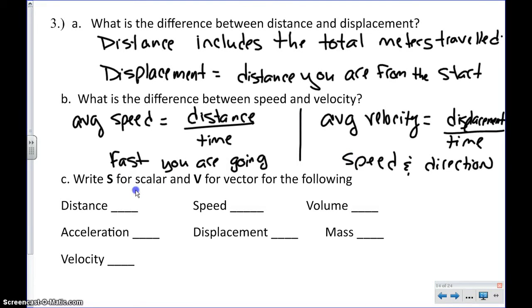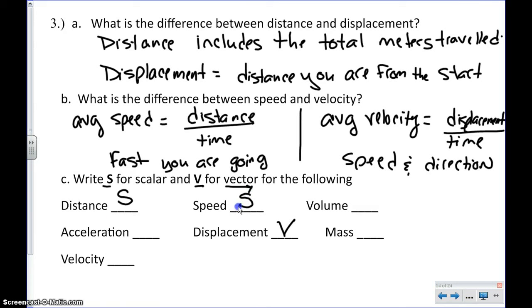So distance has no direction, so we say that that is a scalar. Whereas displacement, V means vector, and that means vectors have a direction. So displacement is how far you are from the start, and that's going to have a direction. So that's a vector. So along those lines, speed is how fast you're going, no direction.